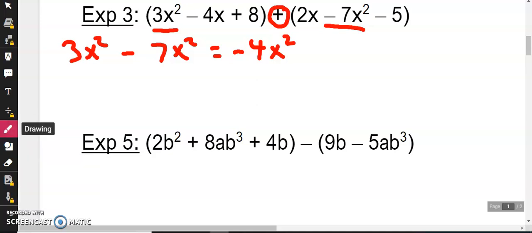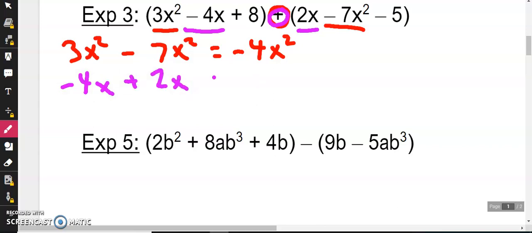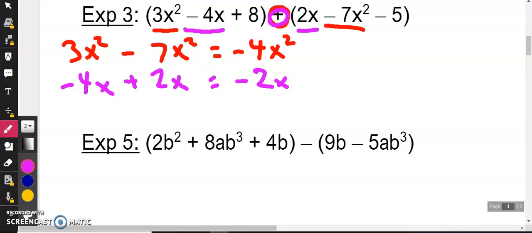All right, so the next term that I see that I haven't used yet is negative 4x. And then I see a 2x in the other group, again with the plus sign in the middle. So I'm going to do negative 4x plus 2x. And that's going to give me a negative 2x. And then finally, I haven't used this 8 yet.